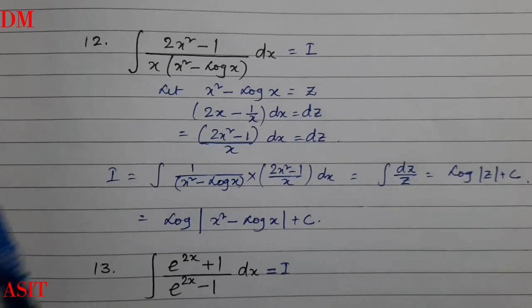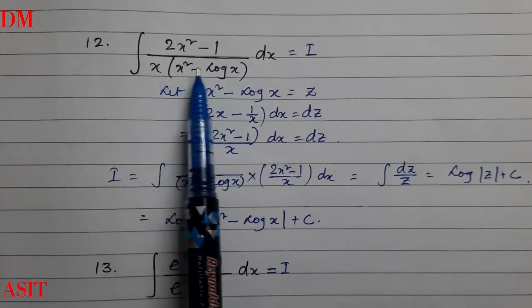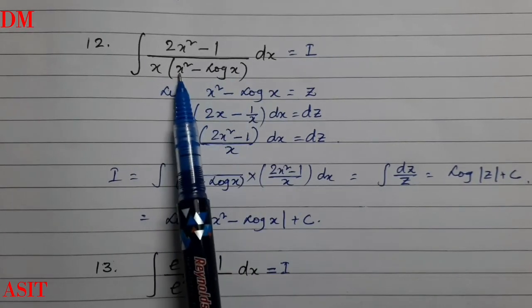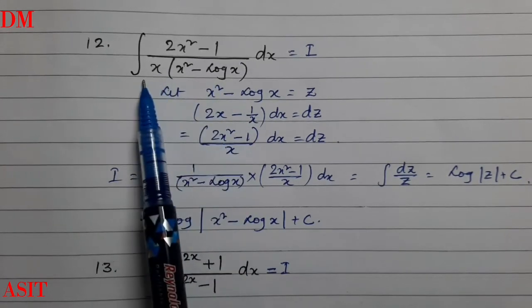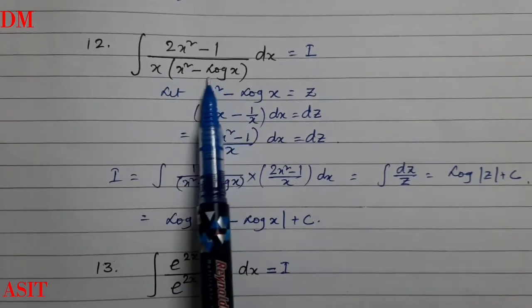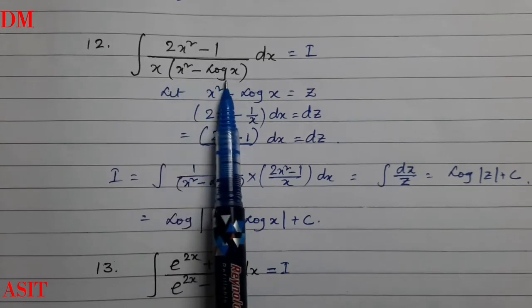The next question is 2x square minus 1 by x into x square minus log x. Simply you can see that x square minus log x is there, and there is an x also in the denominator, so you have to take x square minus log x as the substitution.